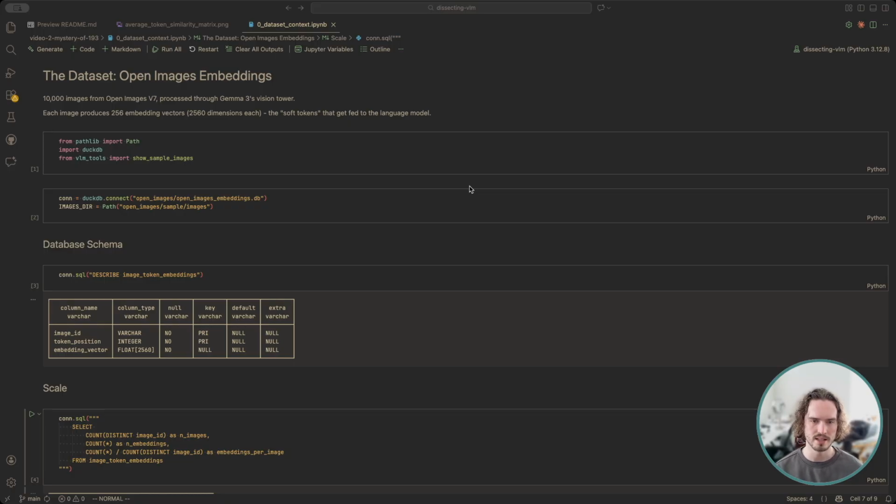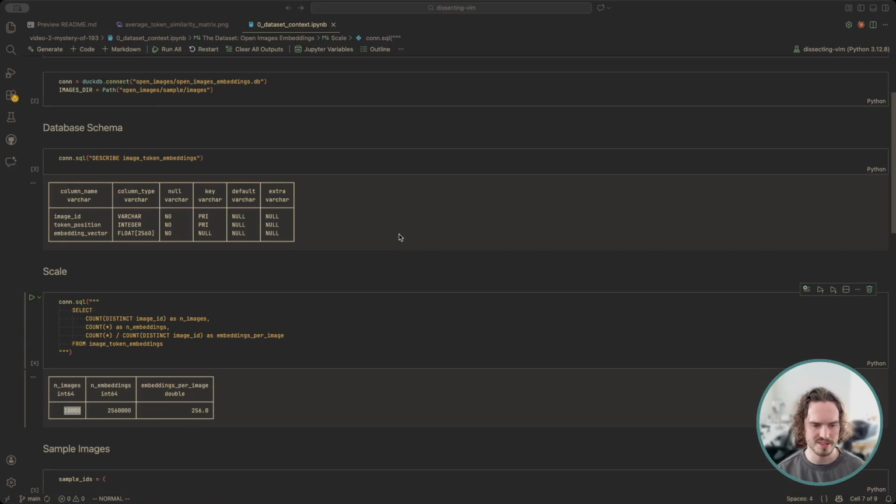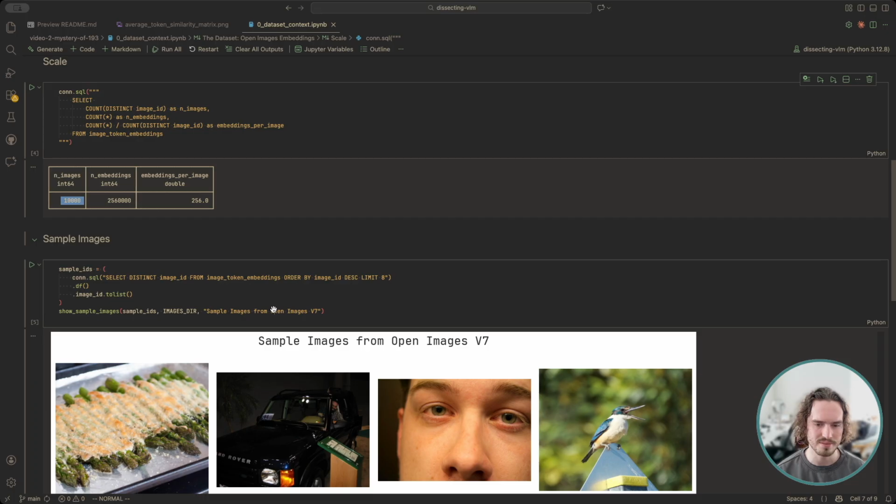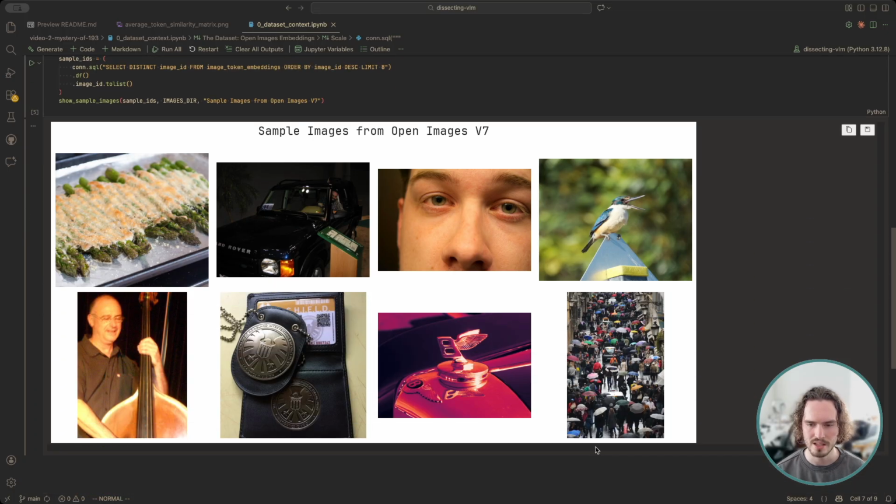Same thing, these are what's getting fed to the language model. I stored all of this in a database with our 10,000 images and all the embeddings. And here is a sample of 8 of these images from this data set.